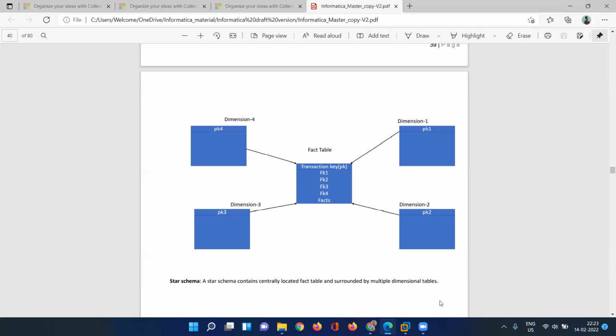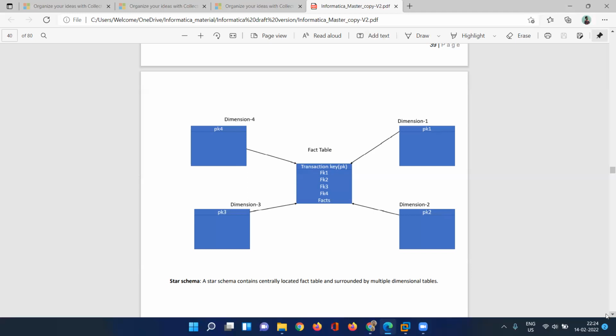Dimensions always have descriptive data, meaning complete information, either about a customer or product or doctor, whatever it may be. Whereas in the fact table we measure only key performance indicator numeric values. We measure only KPI related information in the fact table.